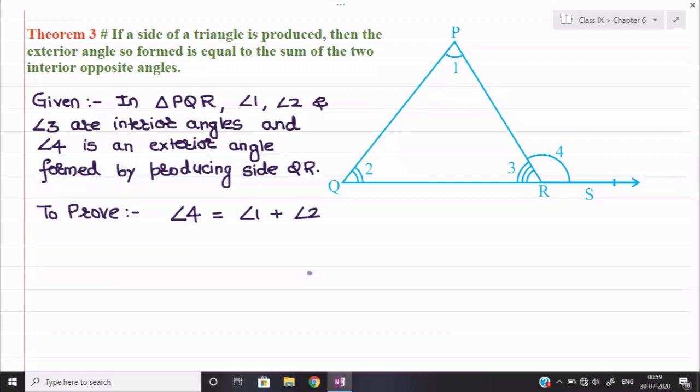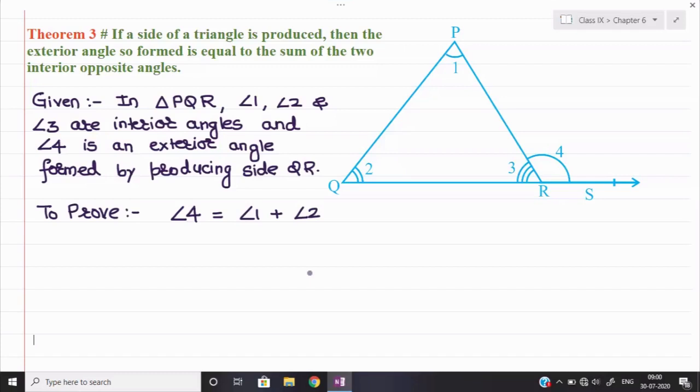Remember, linear pair is not a theorem, it is an axiom. The difference between axiom and theorem is that a theorem needs proof before being utilized the first time, and an axiom does not require any proof. It is understood as a fact. So the linear pair axiom is one of the facts, while the angle sum property is a theorem that is required to be proved first, which we have proved earlier.